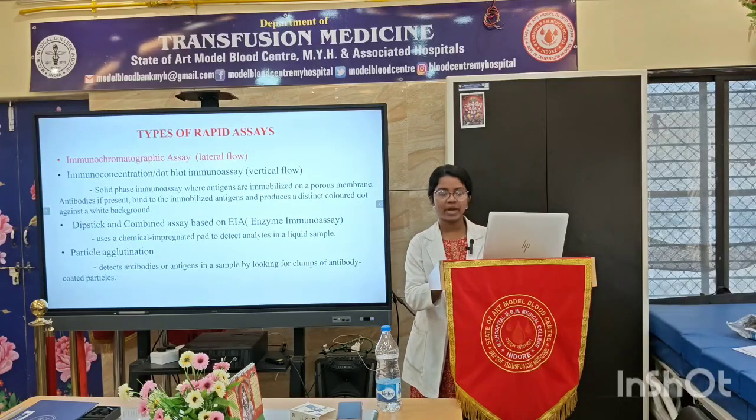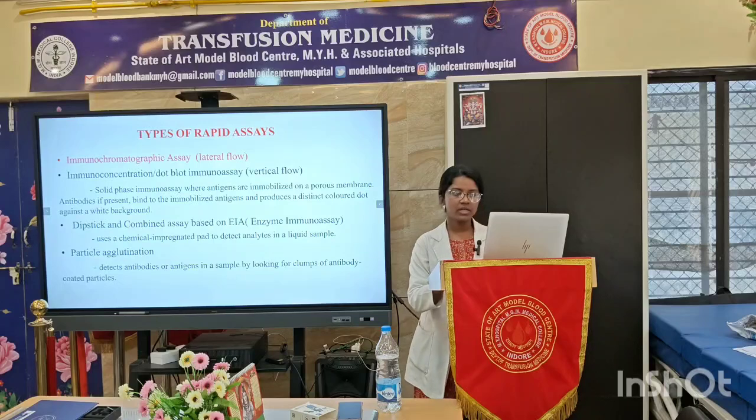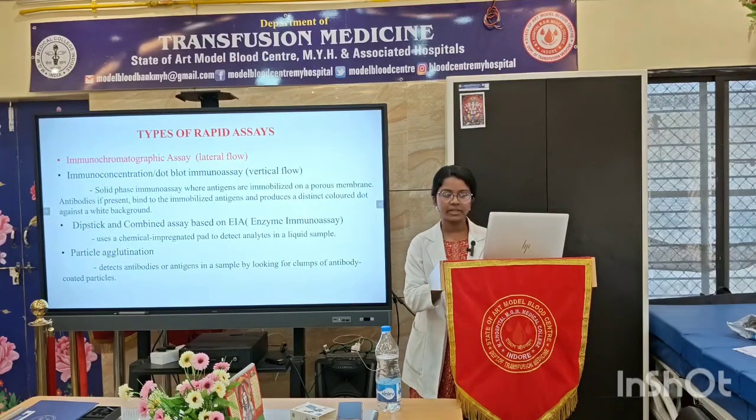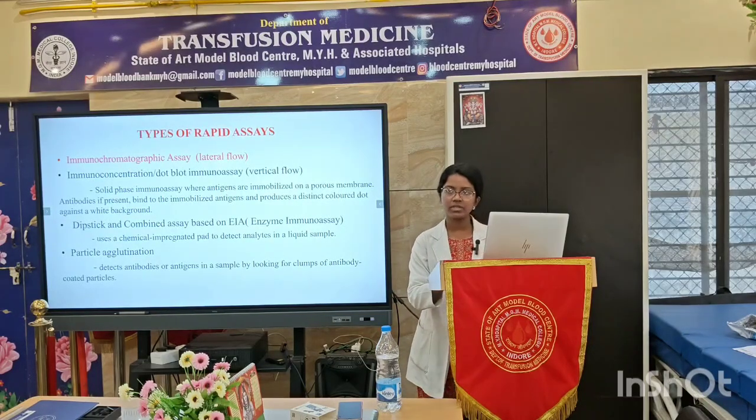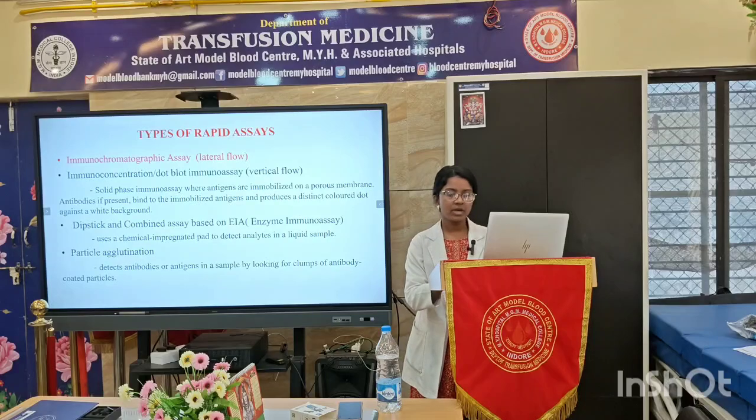Antibodies, if present, bind to these immobilized antigens and produce a distinct colored dot against a white background. The other is dipstick and combined assay based on enzyme immunoassay. This uses a chemical impregnated pad to detect analytes in a liquid sample. And the other one is particle agglutination, which detects antibodies or antigens in a sample by looking for clumps of antibody coated particles.